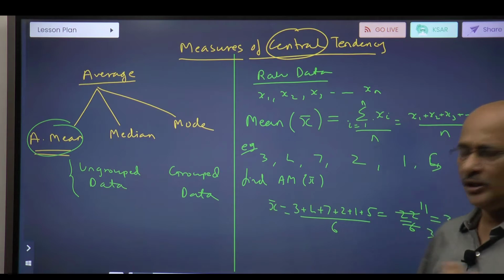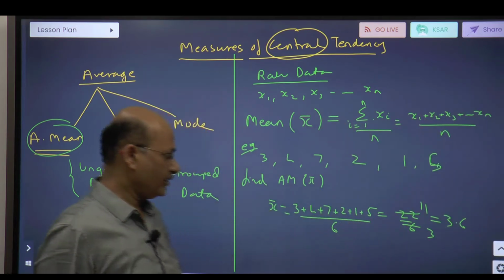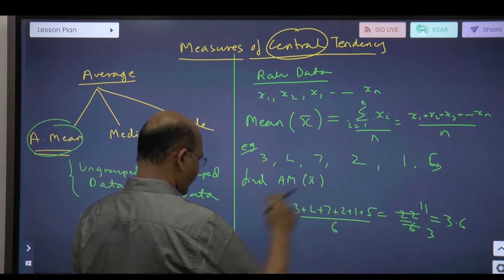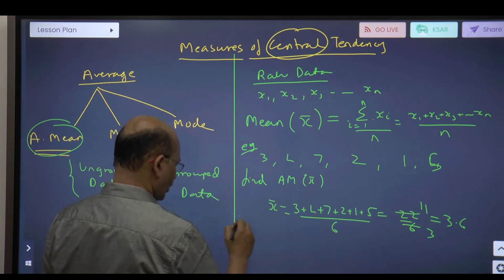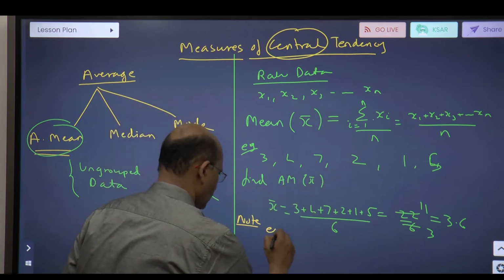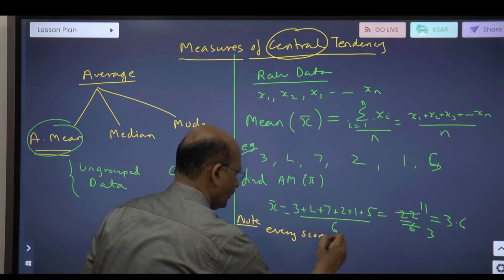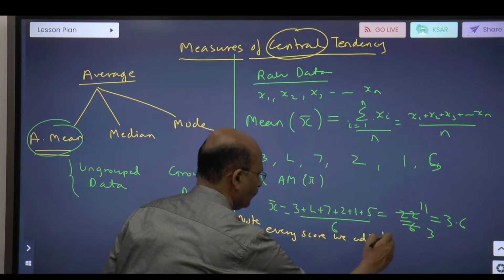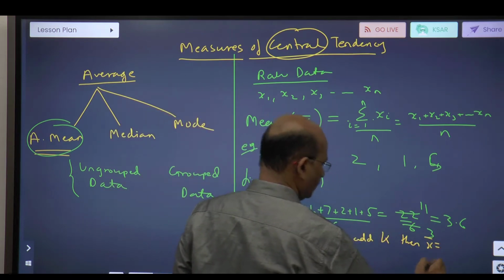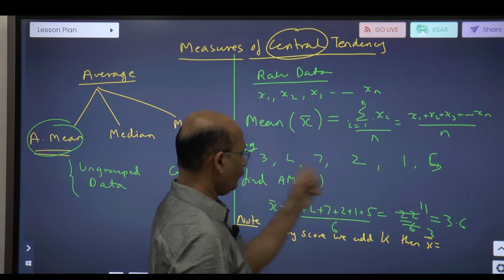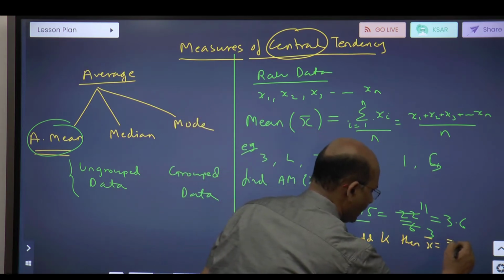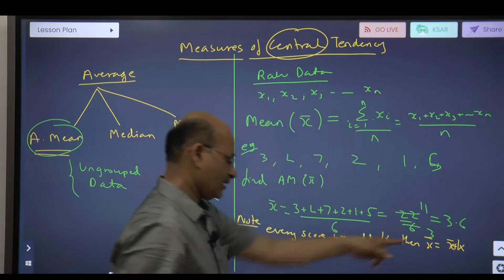Now what I am trying to look into in this picture is, if to every score we add k, then the new x bar will be the old x bar plus k. Keep that in mind.